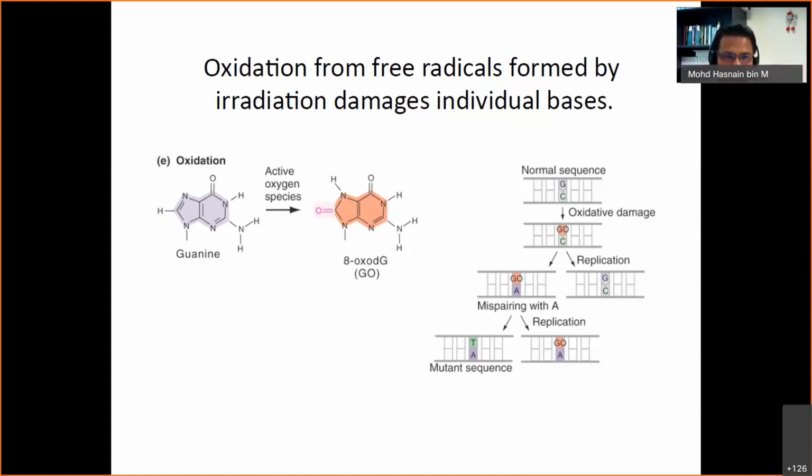During the formation of the ovum, during the formation of egg, during the formation of sperm, if there are mutations that occur and it is somehow fertilized, then it will be passed to the next generation.